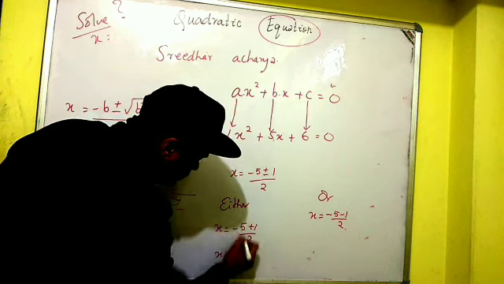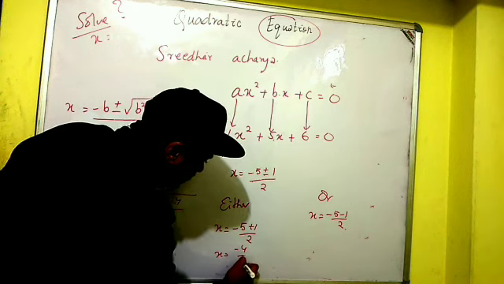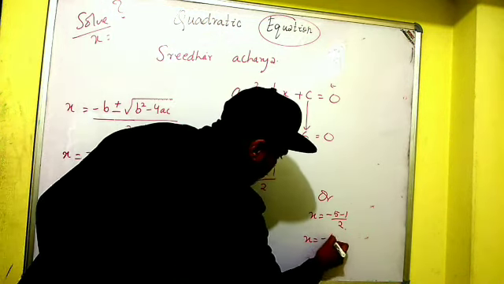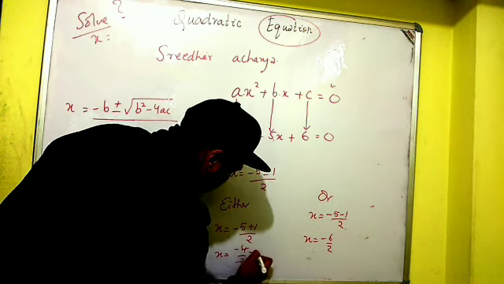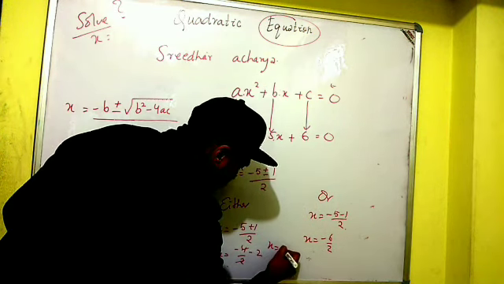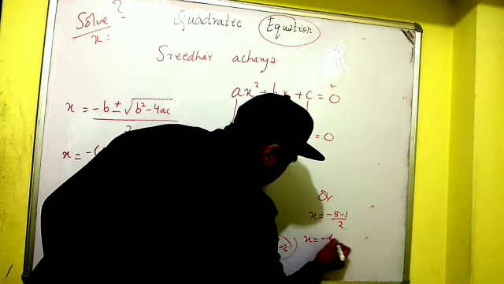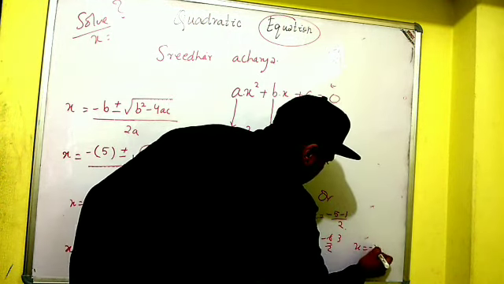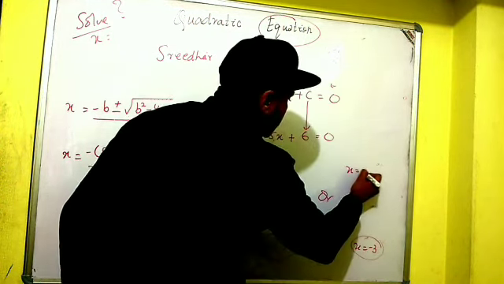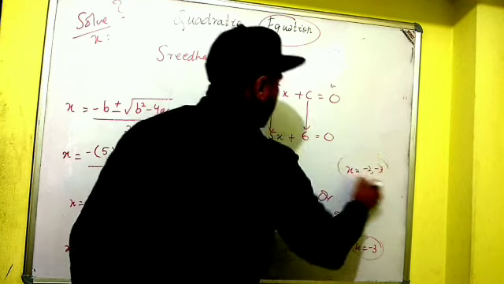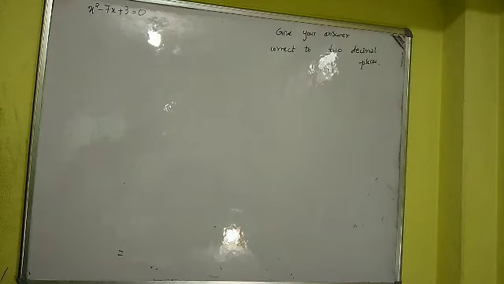So x is equals to minus 4 by 2, and x is equals to minus 6 by 2. So this will be minus 2, and 2 3s are 6, so here x is equals to minus 3. So we get two values of x, which are minus 2 and minus 3. So this is how it is done.